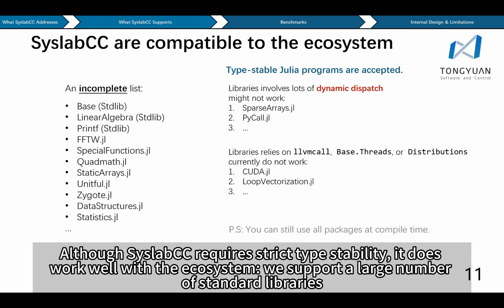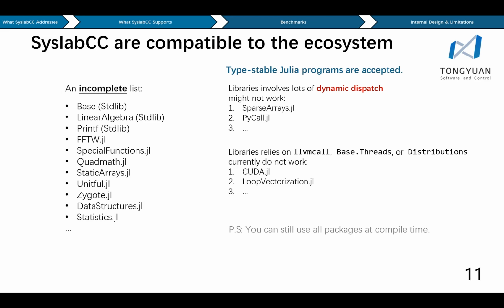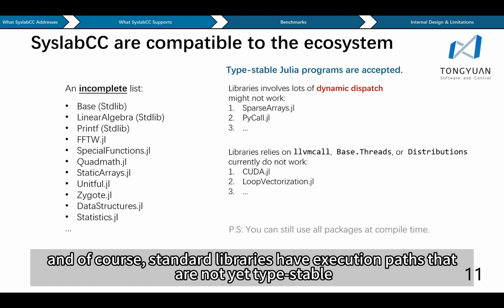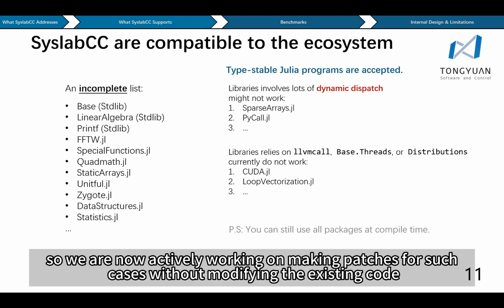We support a large number of standard libraries, including Base, LinearAlgebra, Printf, and so on. And of course, standard libraries have execution paths that are not yet type stable, so we are now actively working on making patches for such cases without modifying the existing code.